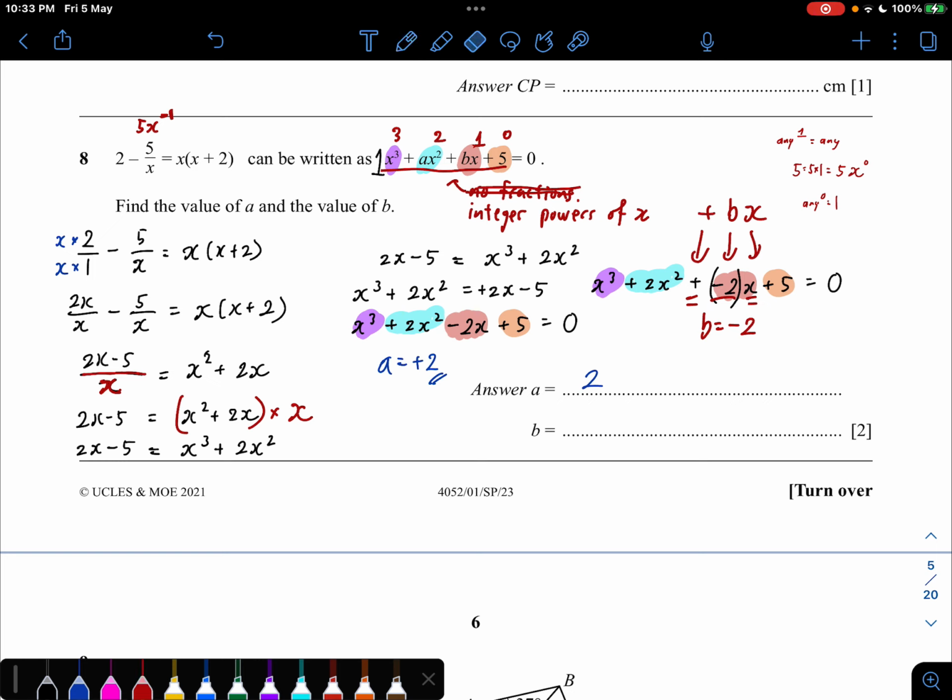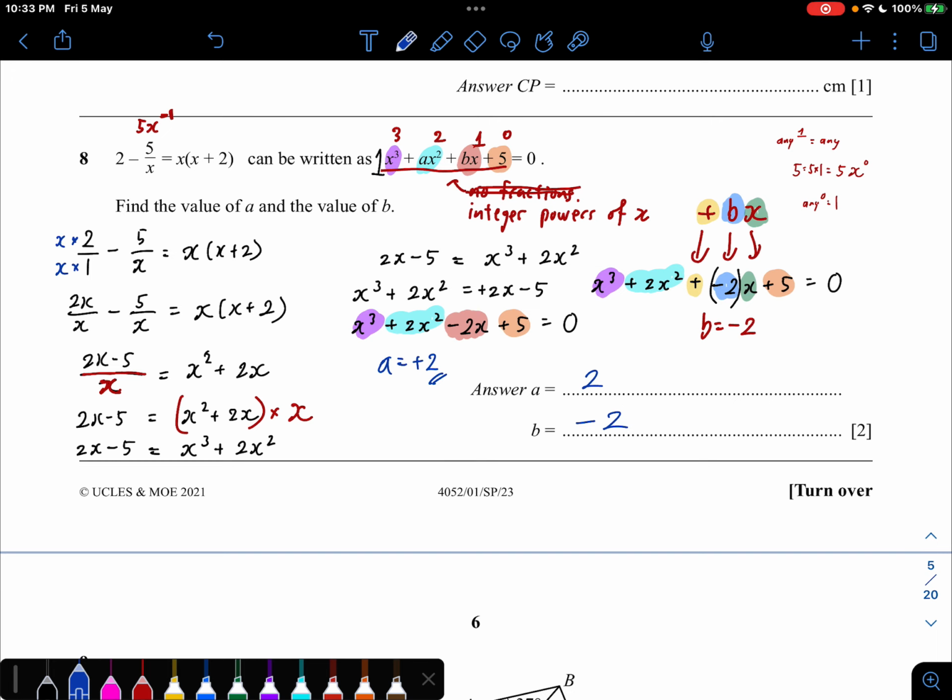If it's still not clear, let me highlight it even more precisely. Plus b, negative 2x. So definitely, I think by now you can tell b must be negative 2, not just 2. Negative 2. Good.